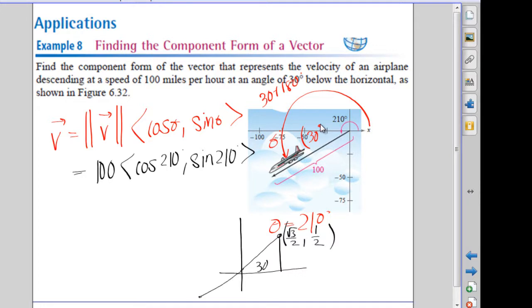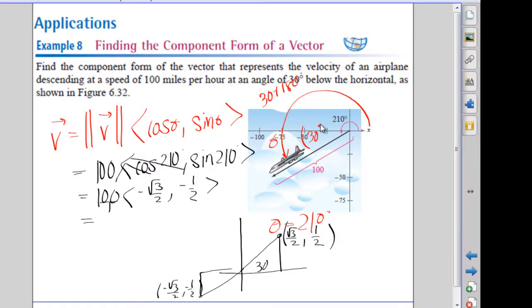So down here in quadrant 3, these two coordinates must be negative root 3 on 2, comma, negative 1/2. So swapping out these values, 100, cosine of 210 is negative root 3 on 2, and sine of 210 degrees is negative 1/2. Let's go ahead and distribute this 100 through.